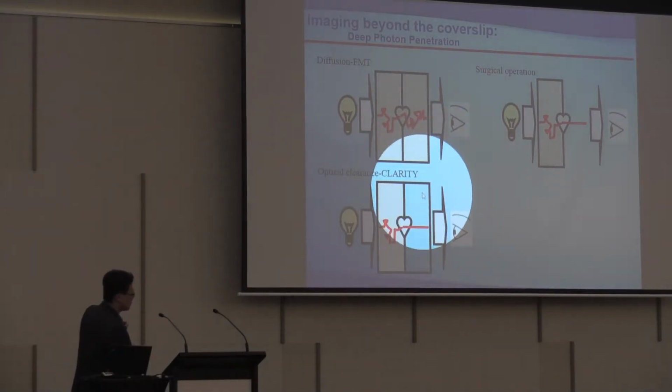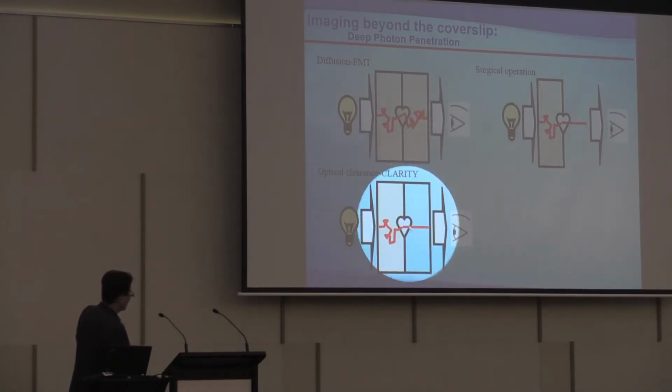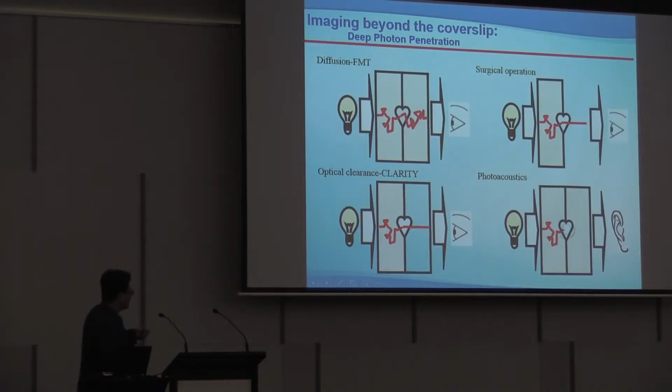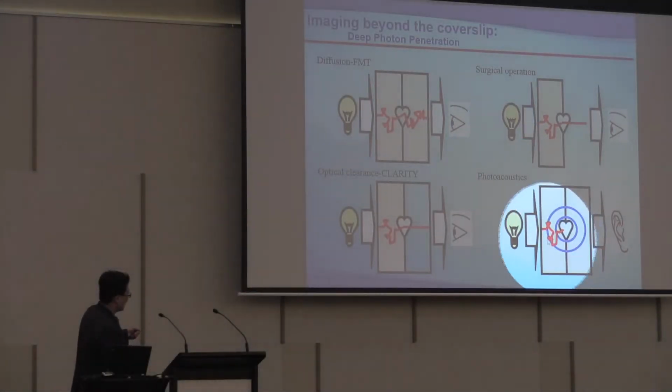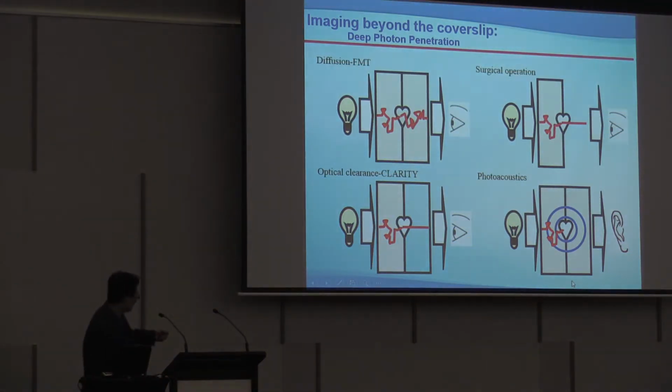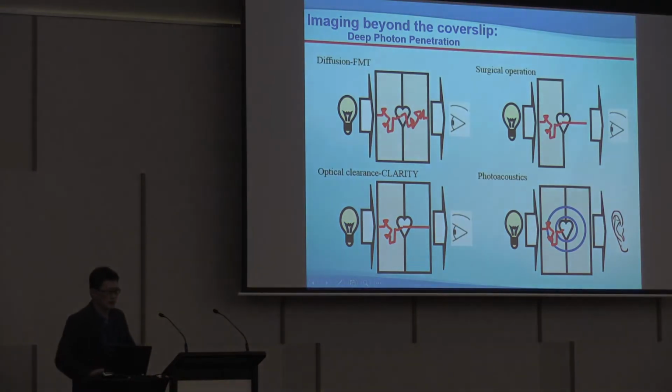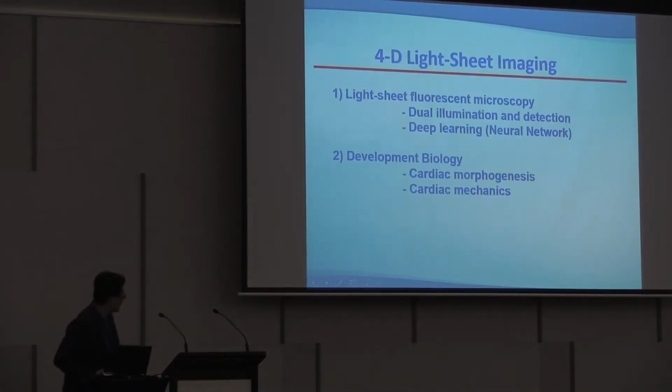And so we have multiple generations of chemical clearing. By clearing the diffusive region, the mean free path now provides deep tissue penetration for visualization. And on the horizon is the photoacoustic approach, including the presence of ultrasound to further delineate. But in this talk, I will focus on these optical approaches to provide deep light penetration.